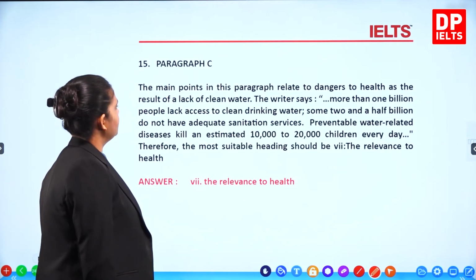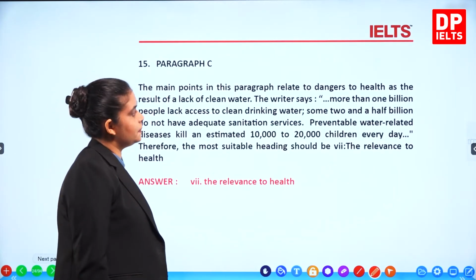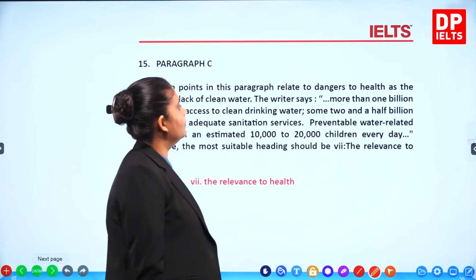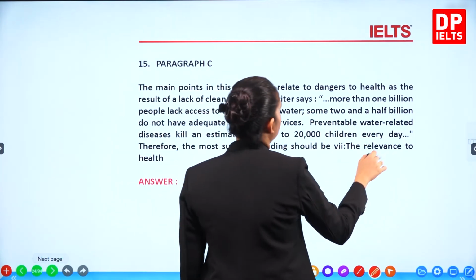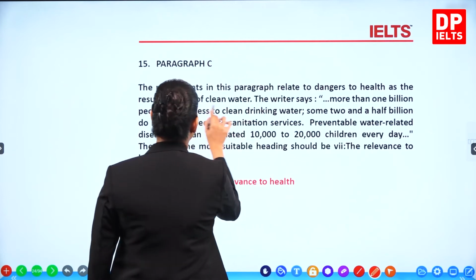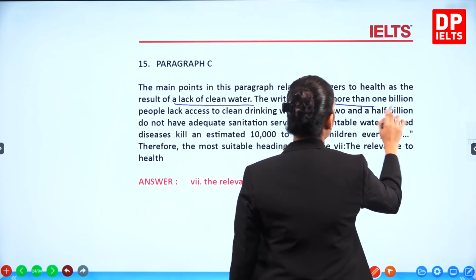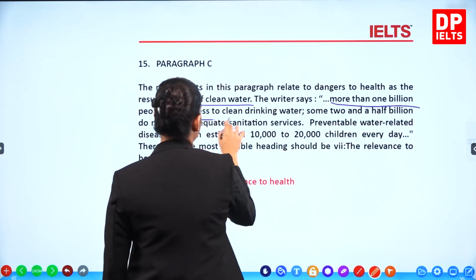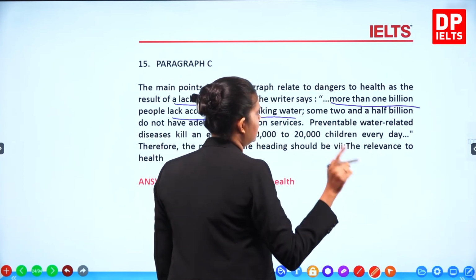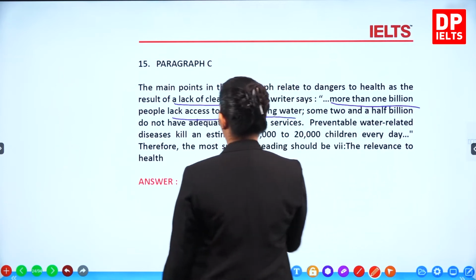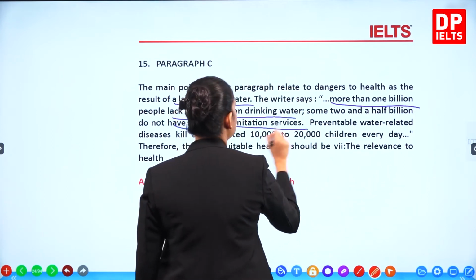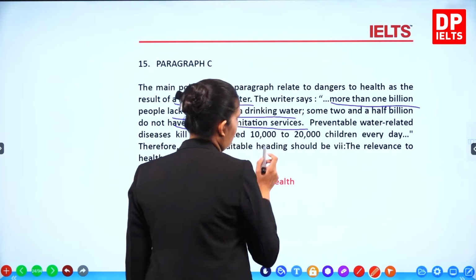Next one, paragraph C. The main points of this paragraph relate to dangers to health as a result of lack of clean water. The writer says, more than 1 billion people lack access to clean drinking water. Some 2.5 billion do not have adequate sanitation services.